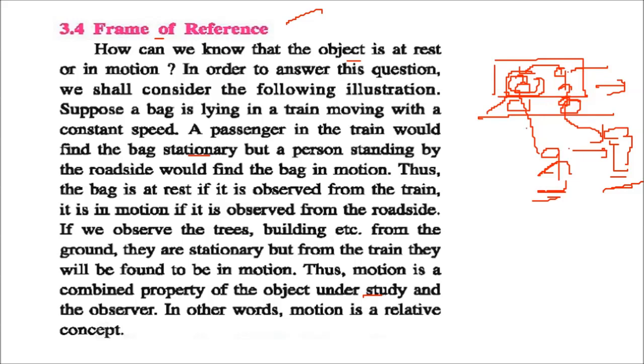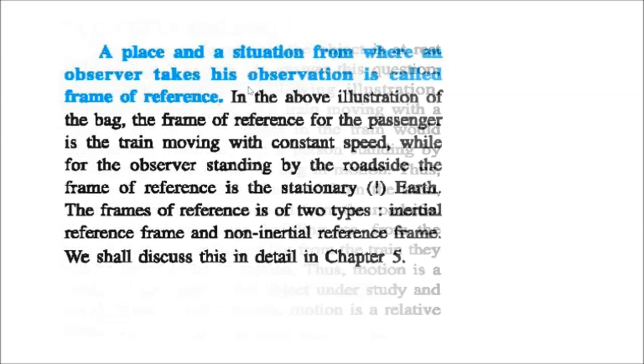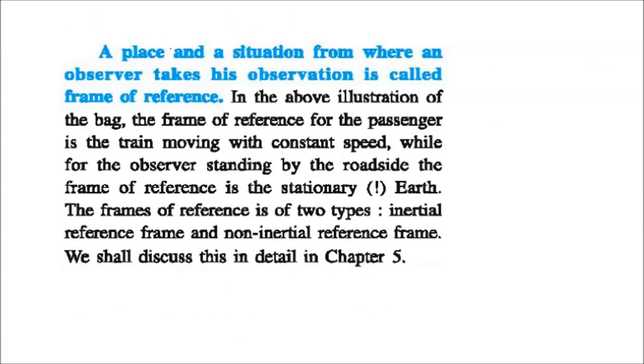Where is the observer? Who is the observer? In other terms, we can say that motion is a relative concept. You understood this? This is a relative concept. So let us say that the place and situation from where an observer looks at the object or takes the observation is known as the frame of reference.